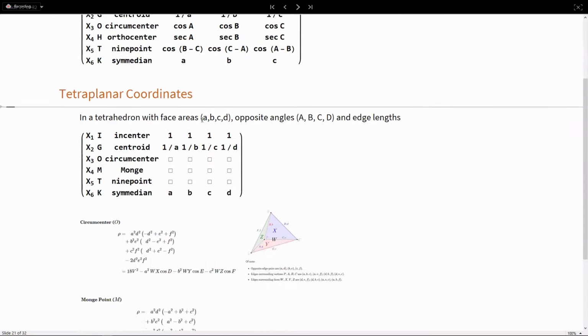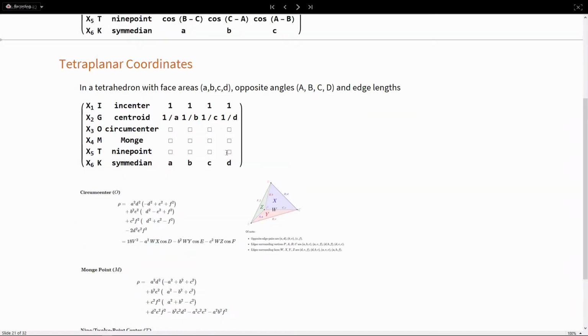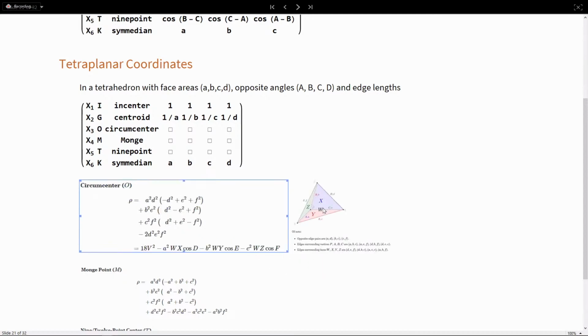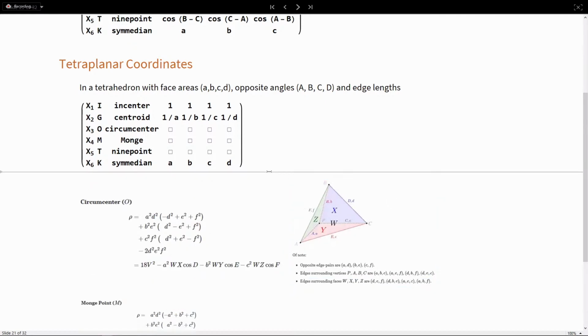Again, for tetraplanar coordinates, instead of trilinear coordinates, there's 4 planes, so they're called tetraplanar. Not much is known. However, we do have formulas for the circumcenter, but it's pretty nasty. You basically need a diagram to see all the things that are going on. If you look up Tetrahedron Centers, you can see a post I made on Stack Exchange that describes that.